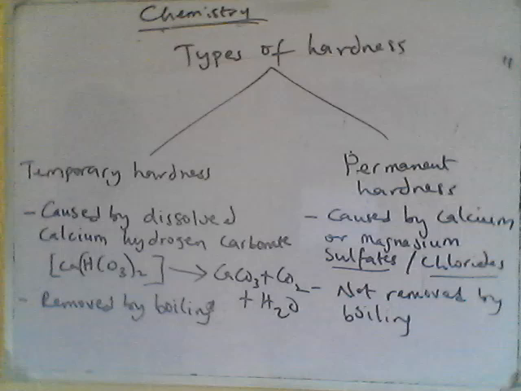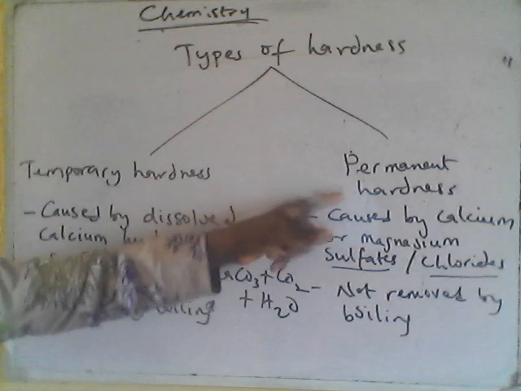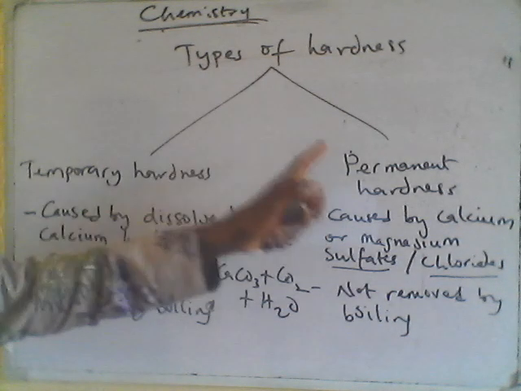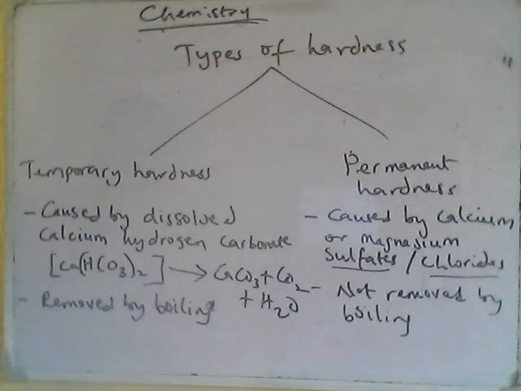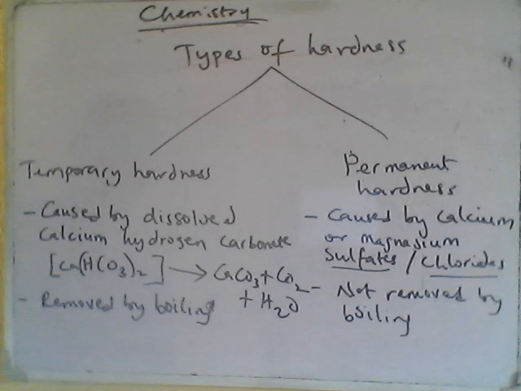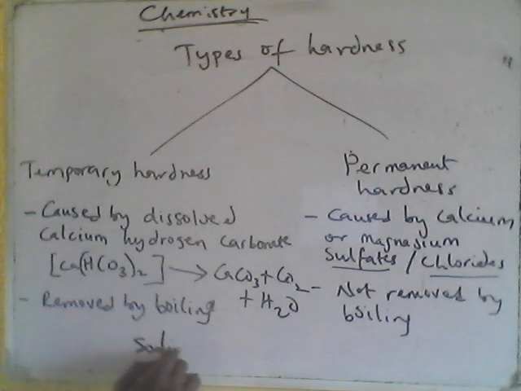Okay, so permanent hardness can be removed by adding washing soda. Just remember I said that it cannot be removed by boiling. What I mean is that boiling will not solve the problem. What will solve the problem of permanent hardness is adding washing soda. And washing soda here, we mean sodium carbonate. Sodium carbonate is washing soda.